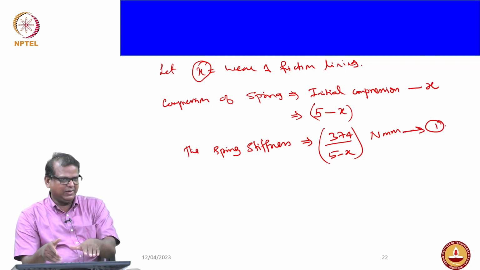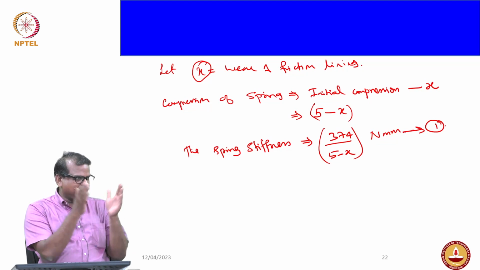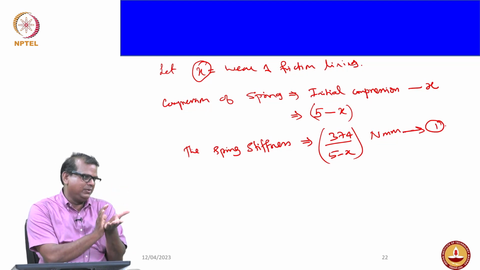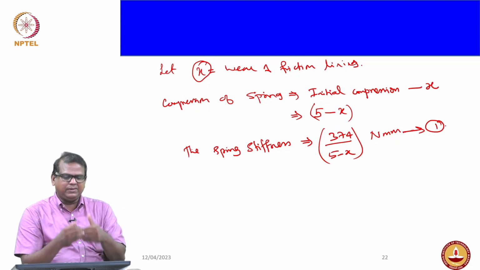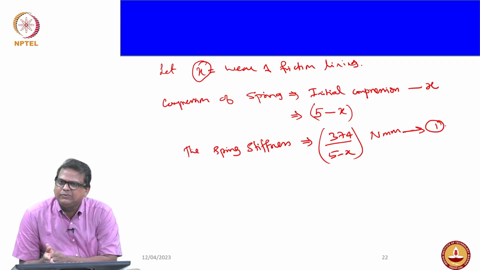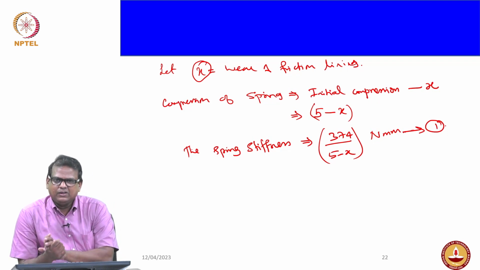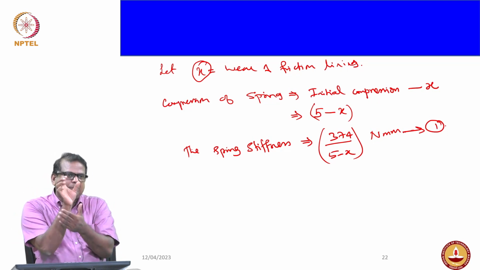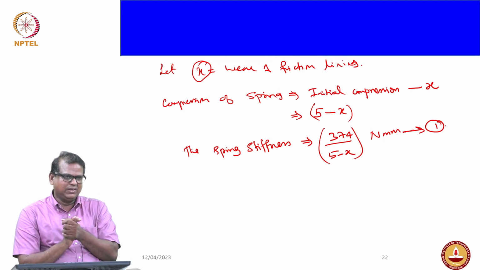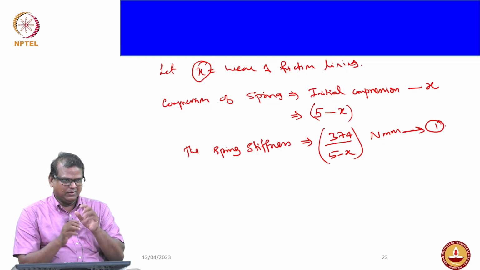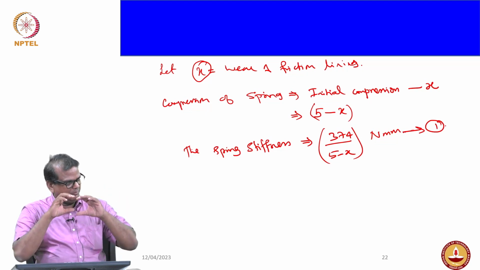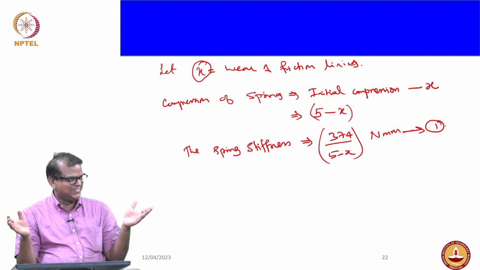Initially, my spring is compressed 5 mm for 800 Newton. But my force is further reduced to 374 Newton, so obviously my deflection will be reduced. How much is reduced, we are going to find out. But in both operations, my stiffness remains constant.